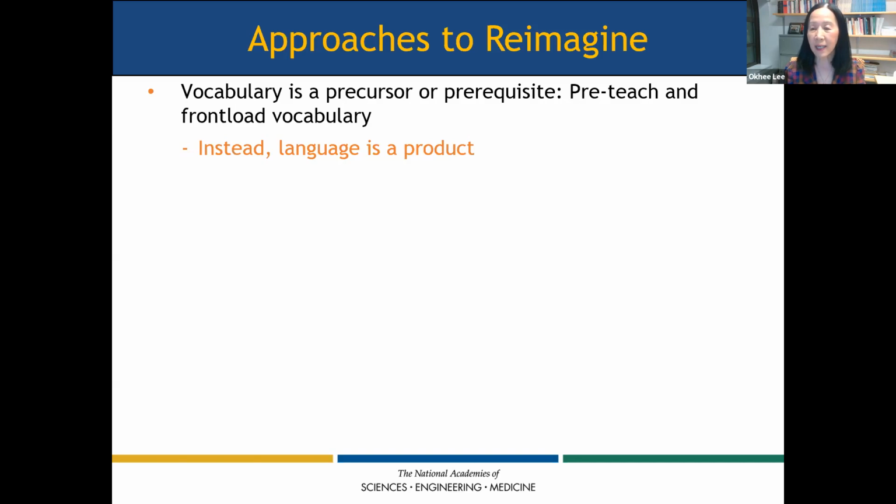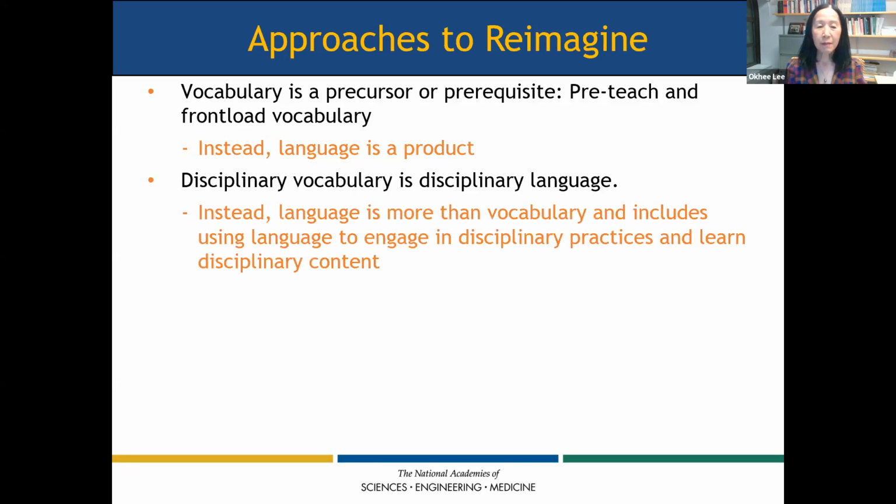We communicate by any means, and this is what this report says, any means of communication. The second important part is that we typically think of disciplinary vocabulary as the language. So we do the vocabulary as definitions. And literacy people think of vocabulary as the foundation of learning.